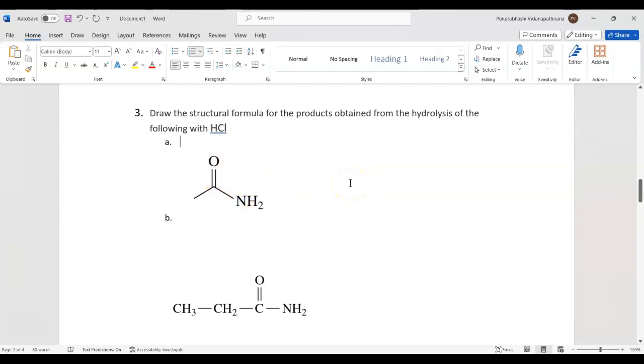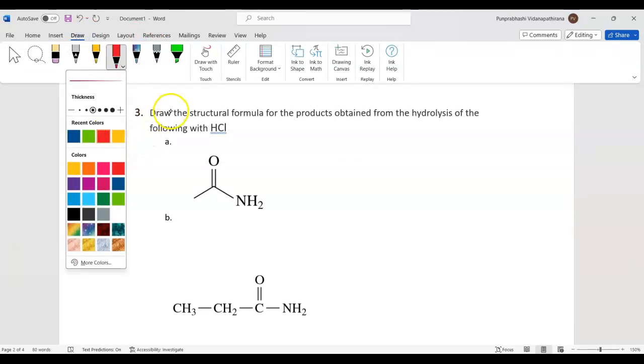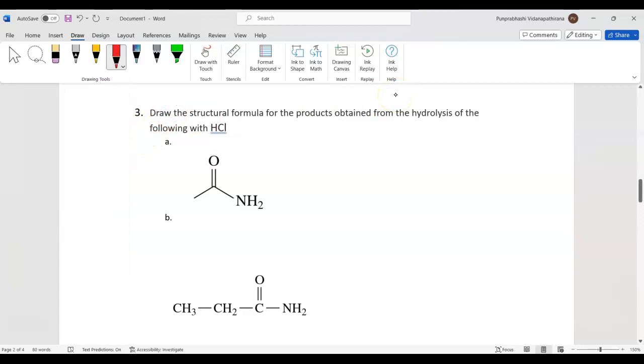What happens here? You just have to split the amide bond. The amide bond is here, the carbon-nitrogen bond, right? Since this is an acid-mediated hydrolysis with hydrochloric acid, the products would be a carboxylic acid plus an ammonium salt. So now it's very easy for us to figure out what is the carboxylic acid that comes from this amide.